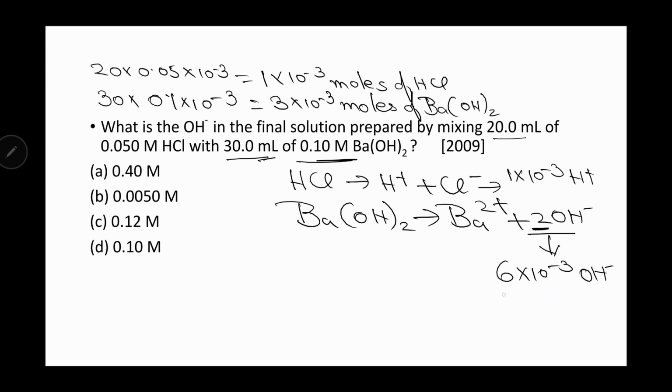Now what it means is that 1 into 10 to the power minus 3 moles of H plus and 1 into 10 to the power minus 3 moles of OH minus will react together to form H2O, and 5 into 10 to the power minus 3 moles of OH minus will be left as residue. So OH minus left as residue is 6 minus 1 into 10 to the power minus 3 moles.